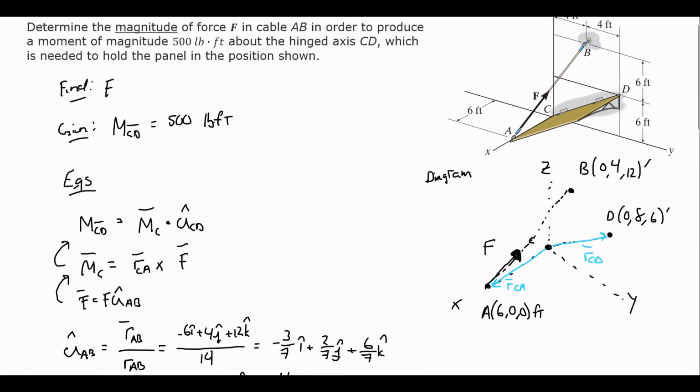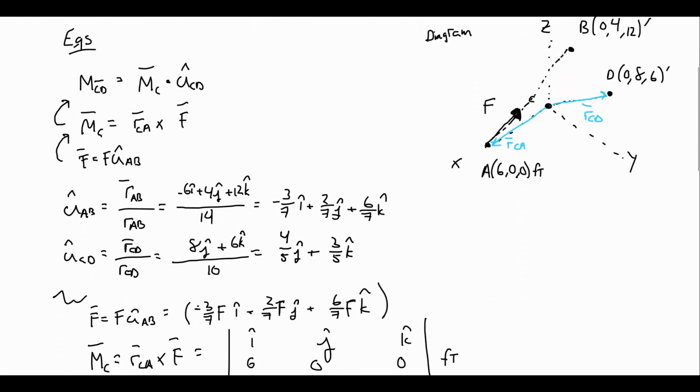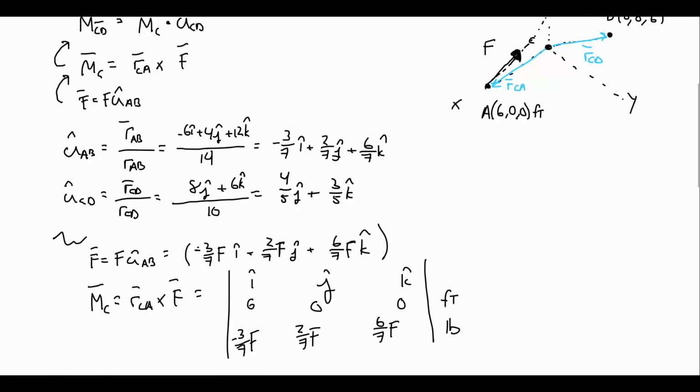So again, in the equation step, we worked a little bit backwards because we needed to know all the things we're going to need to calculate to get our result. Well, it's the moment about an axis, which requires a moment about any point on the axis dotted with the direction of the axis. To find the moment about a point, we're going to need to take a position vector crossed with a force vector, and any vector, in this case the force vector, can be expressed as its magnitude times its direction.